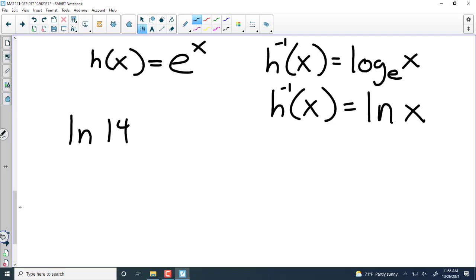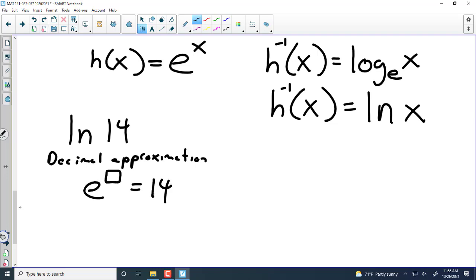What they are asking you is for the decimal approximation of the power you would put on e to get 14. If you type ln of 14, what you're doing is you're saying the logarithm base e. 2.6391.